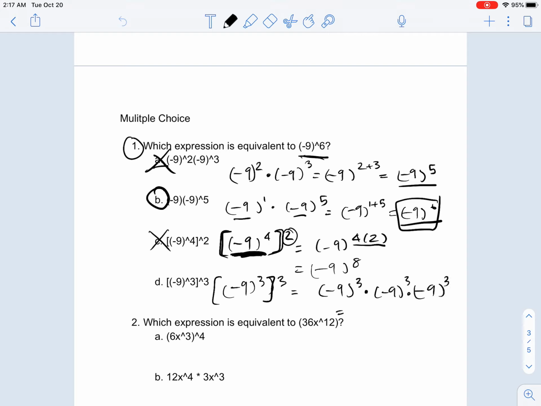When you multiply this all out, you get negative 9 to the 3 plus 3 plus 3. And then as a result, you get negative 9 to the 9th power. Is this equal to negative 9 to the 6th power? No. So you know D is incorrect. So that means that B is the only correct answer out of all of these choices that is equal to negative 9 to the 6th power.